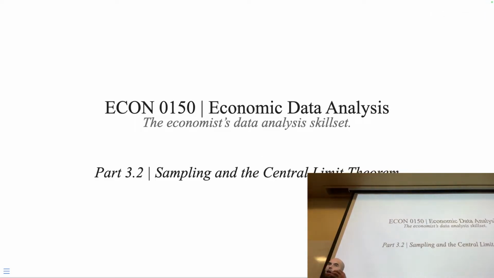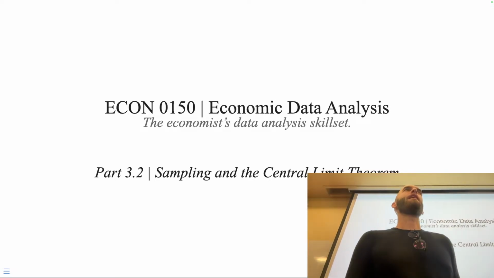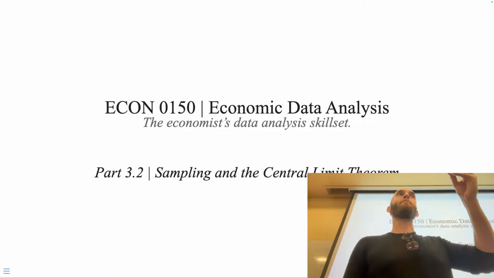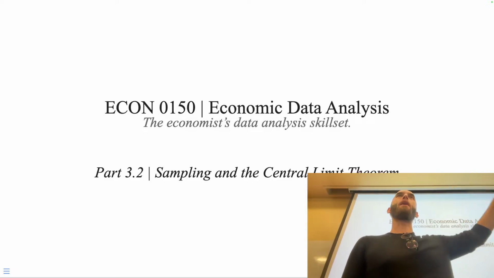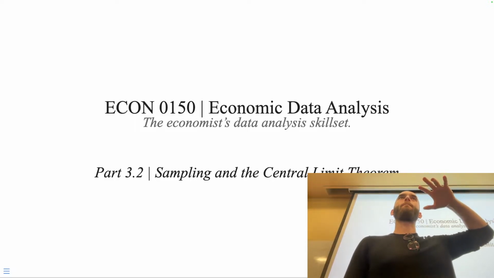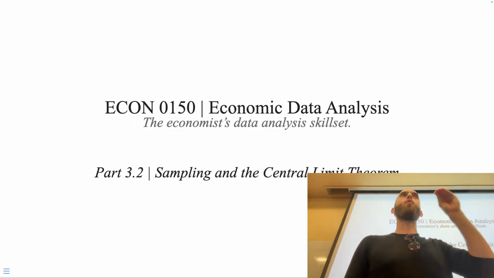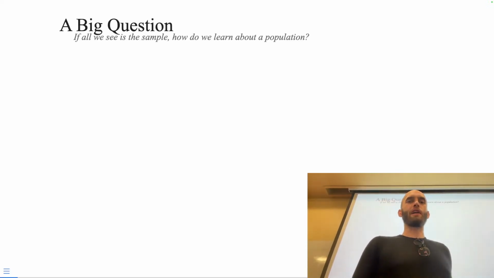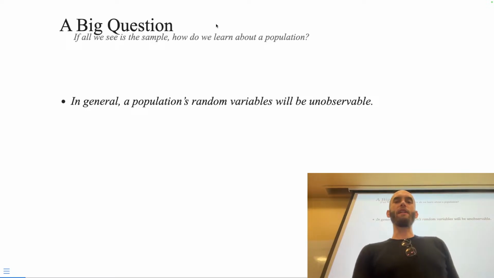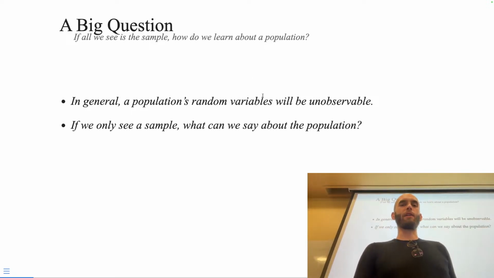Everything we do that involves observing things, which is how we know anything in any area of science except mathematics, relies on being able to infer something about a population while only observing the sample. And in general, we do not know what the underlying distribution looks like. So if all we see is the sample, how do we learn about the population?